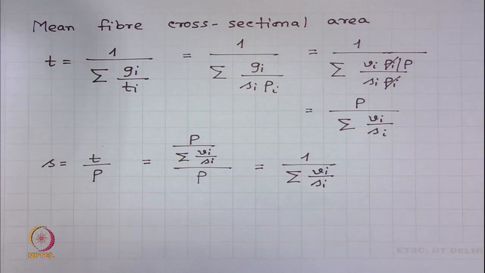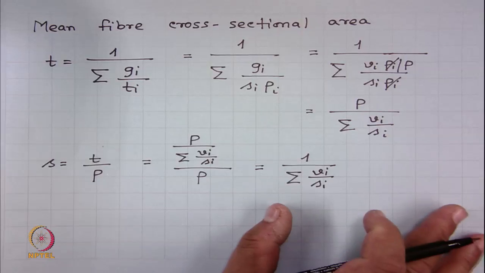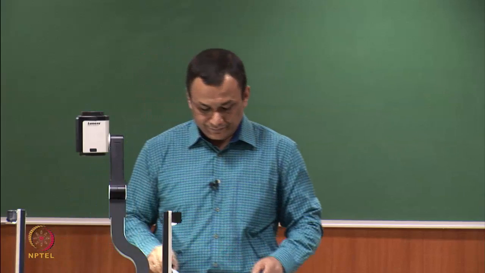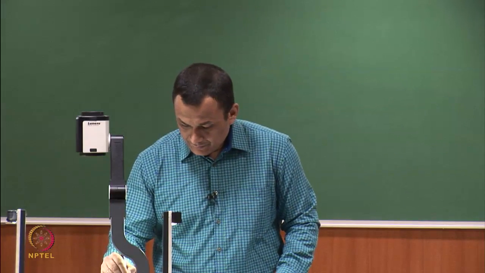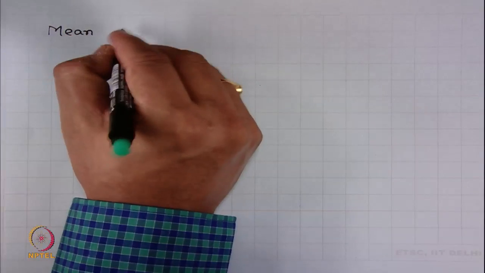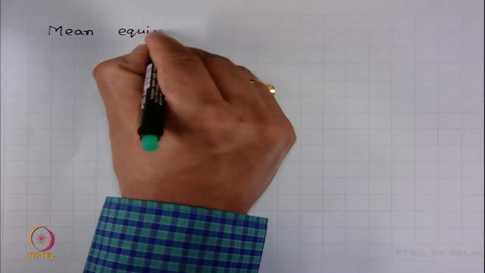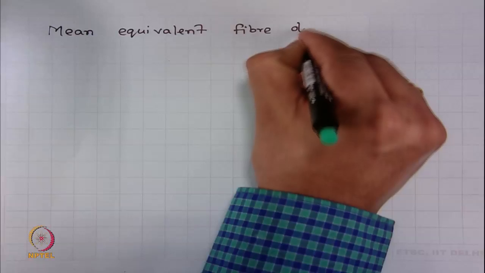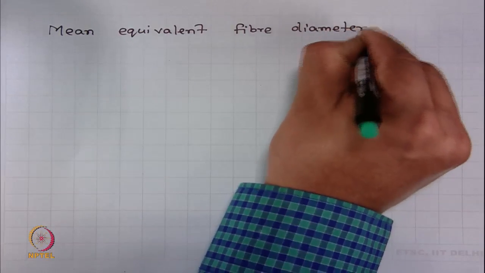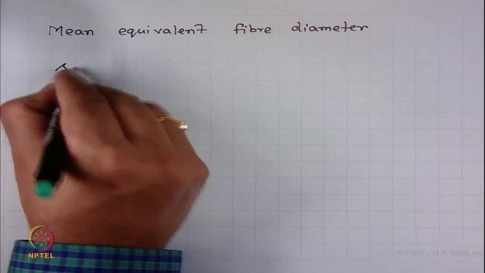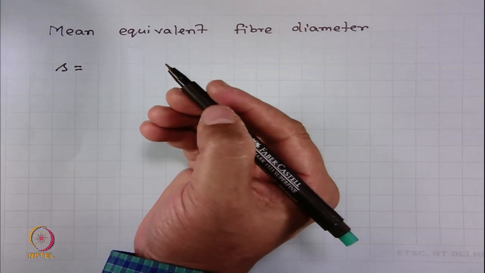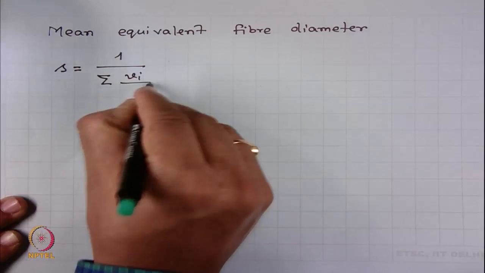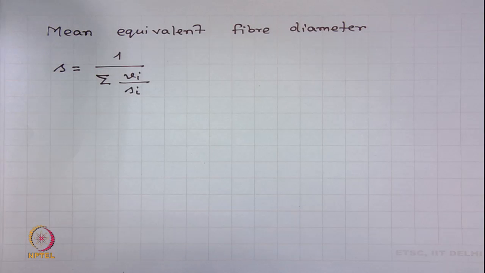Now, we come to mean equivalent fiber diameter. We will use this expression. We have just now derived that the mean cross sectional area of fibers in the blend is 1 divided by summation volume fraction by the individual cross sectional area.